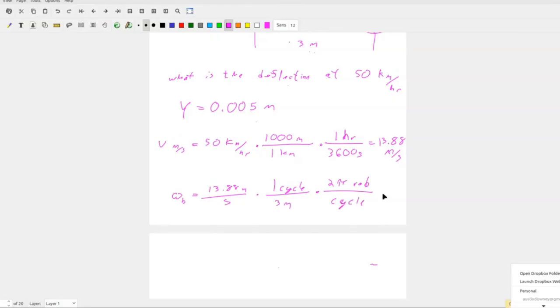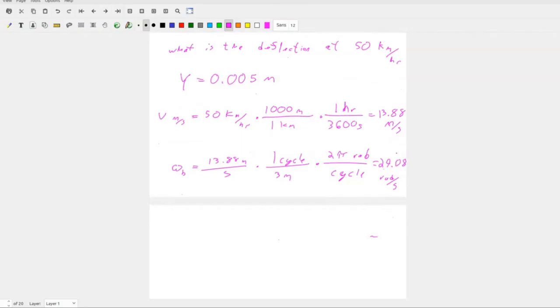And I am going to be left with 29.08 radians per second. So the sinusoid for the base excitation is y of t equals 0.005 sine of 29.08 t.